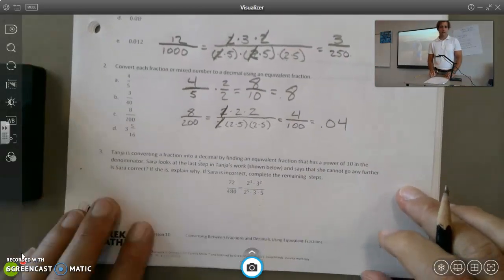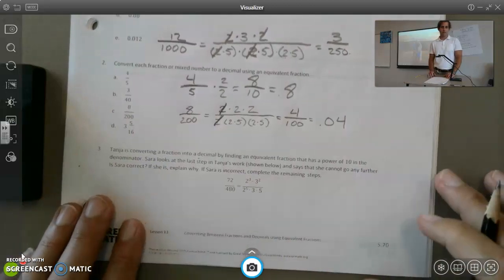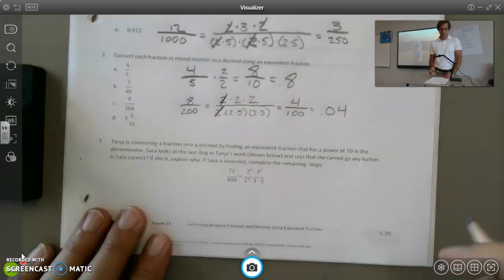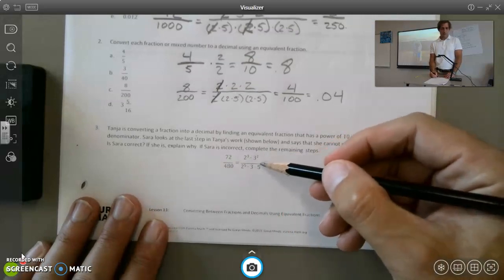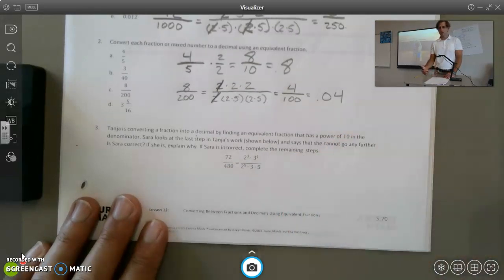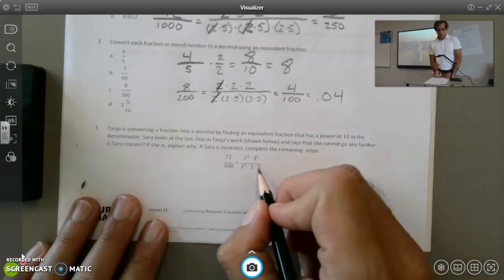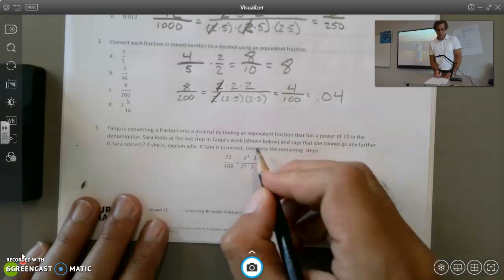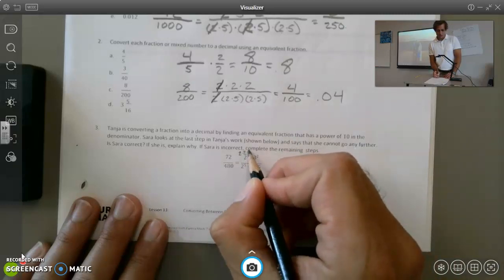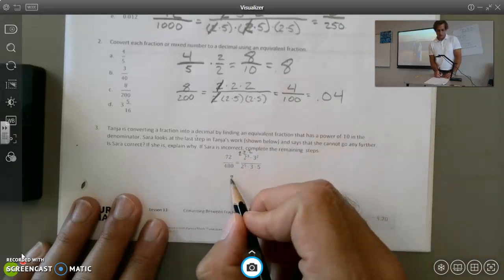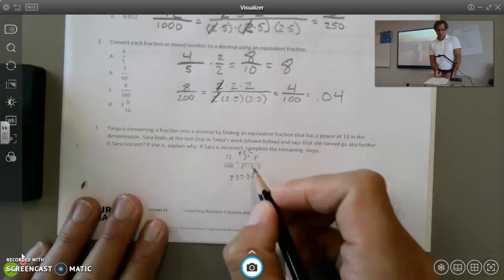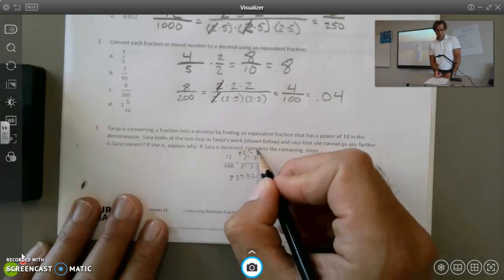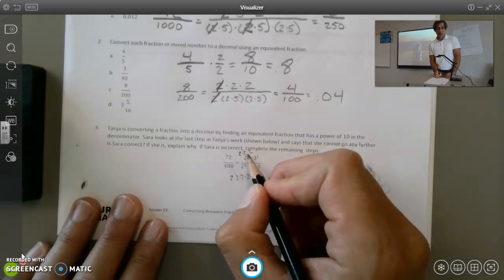So these are just some basic strategies. I want you to see the idea of using 2's and 5's and prime factorization as a possibility to simplify. We'll look at this last problem. Here you see it in exponential form, which is really kind of an 8th grade skill, but we'll get to it by the end of the year. But here we see 2 to the 3rd power, which means 2 times 2 times 2, and 2 to the 5th power, which is 2 times 2 times 2 times 2 times 2. So when I simplify this, I'm going to remove 3 factors of 2.